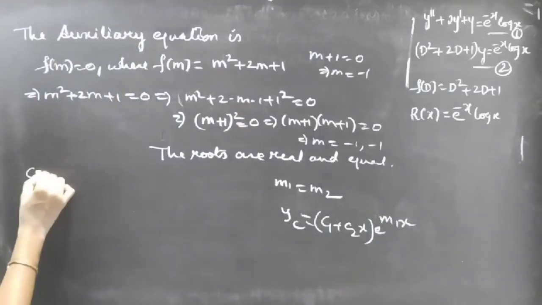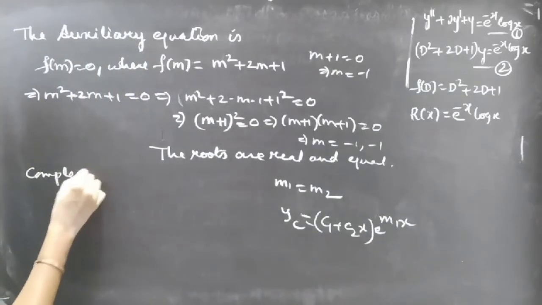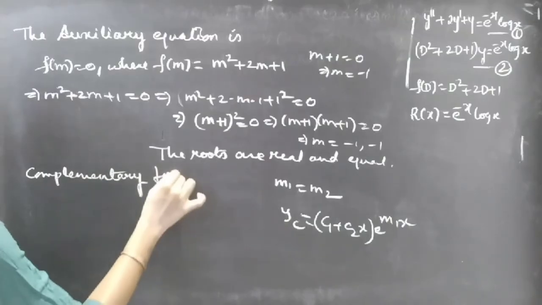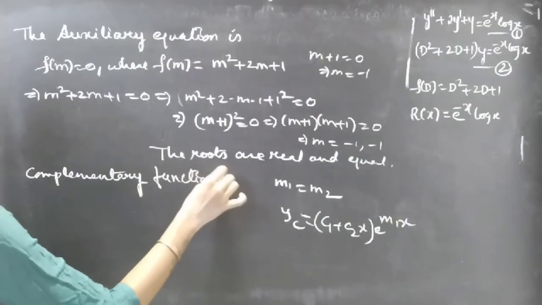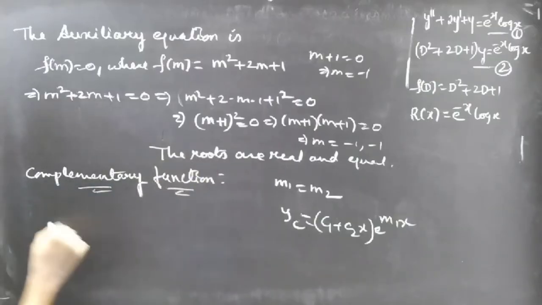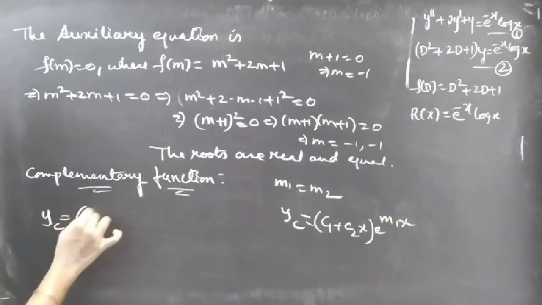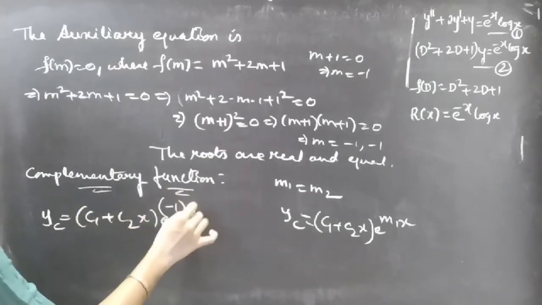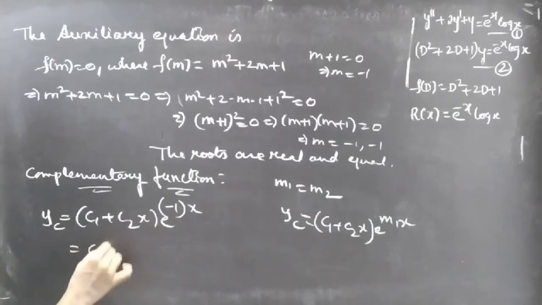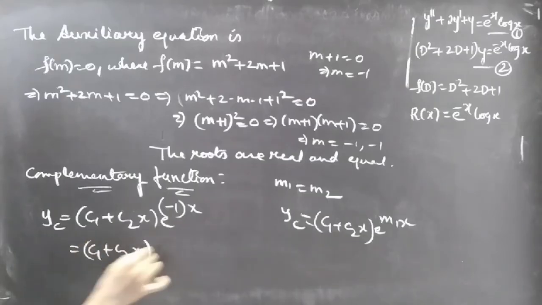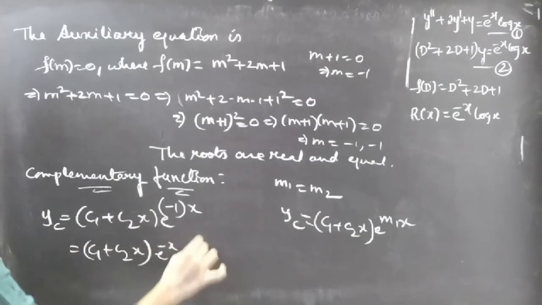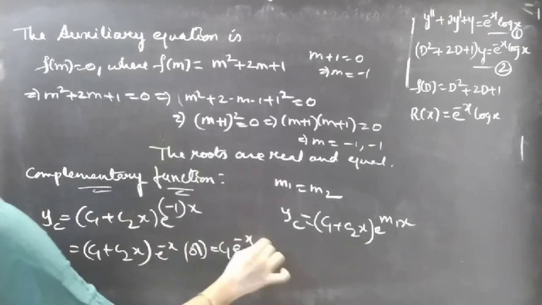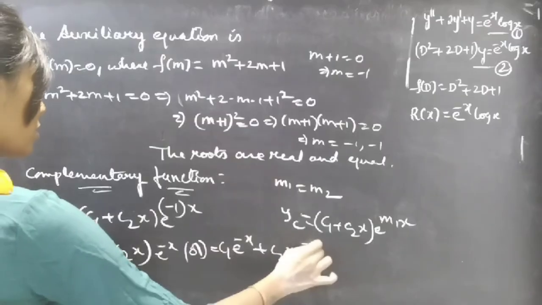Now coming to our complementary function, yc equals c1 plus c2x into e power equal root minus 1 into x. This gives us c1 plus c2x into e power minus x, or c1 e power minus x plus c2x e power minus x.